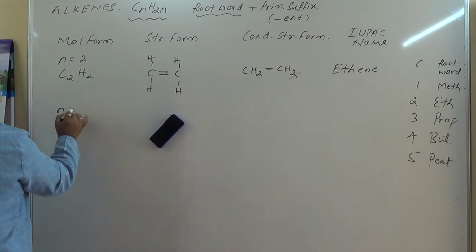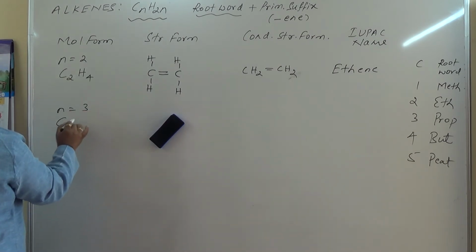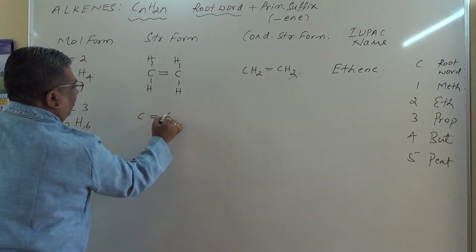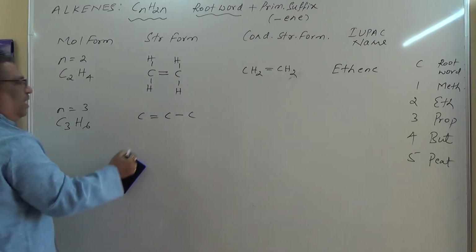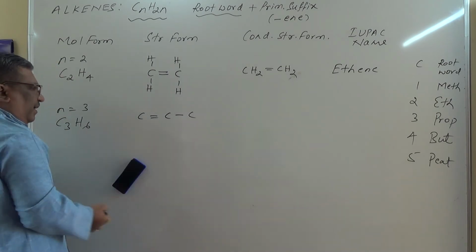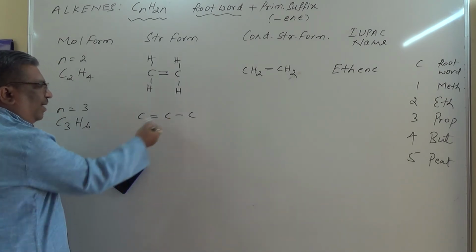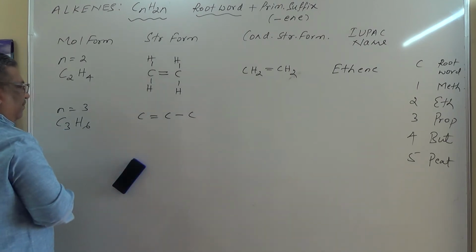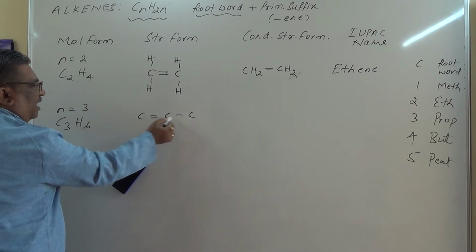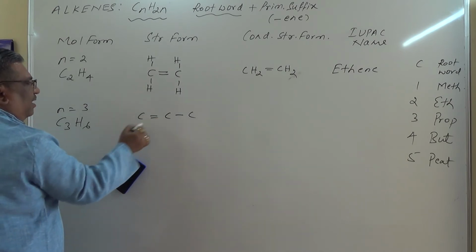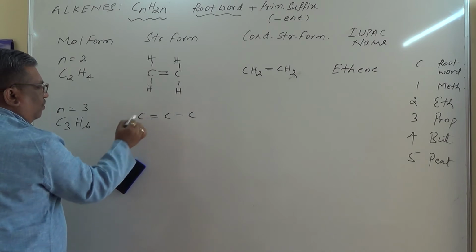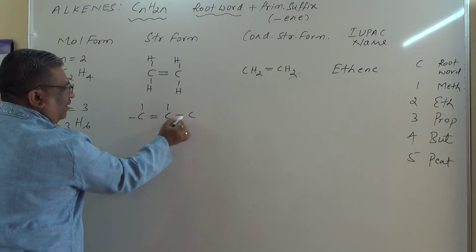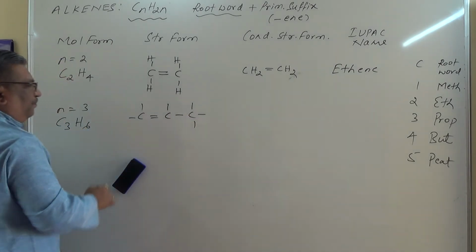Next one, n equals 3, C3H6. You can have the double bond here also, it will not make any difference, either here or here. Only once you have to indicate the double bond, otherwise valencies will not match. So, 3 carbon atoms, introduce one double bond and one single bond. 1 2 3 4, 1 2 3 4, 1 2 3 4. Hydrogen.